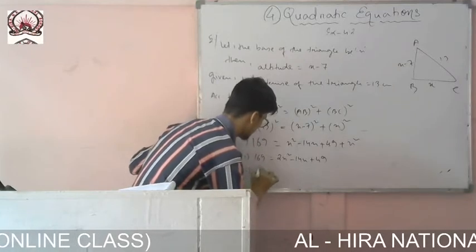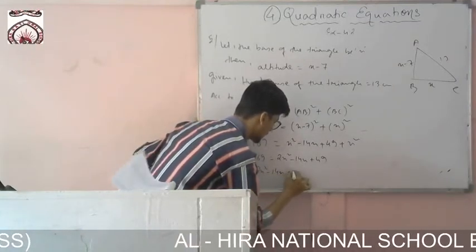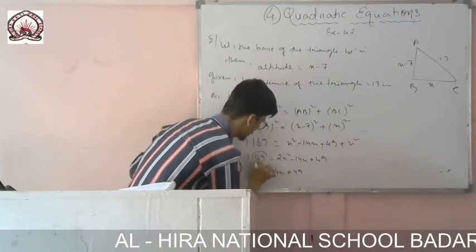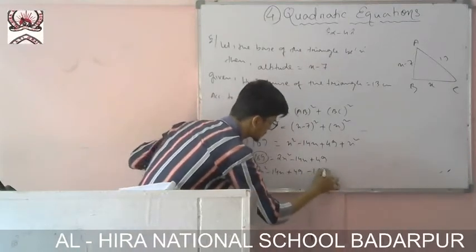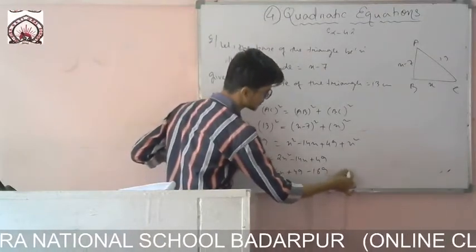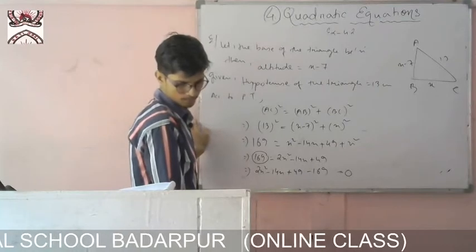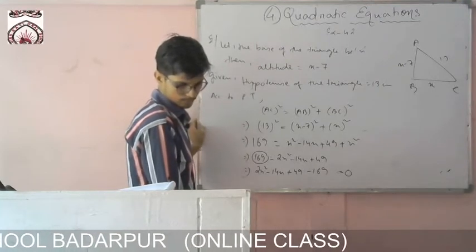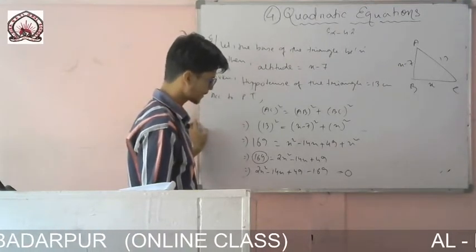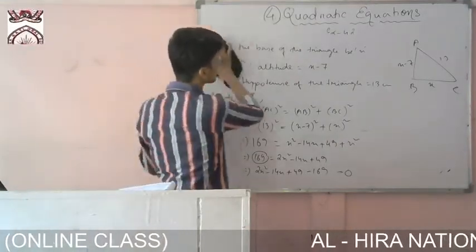So if I change the side, let it be 2x square minus 14x and plus 49, and this one if I change the side, it will be minus 169 equals to 0. Okay, so let me erase this part.